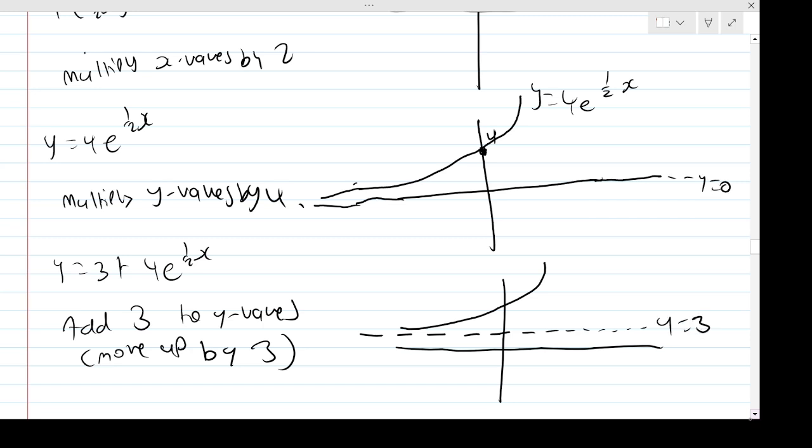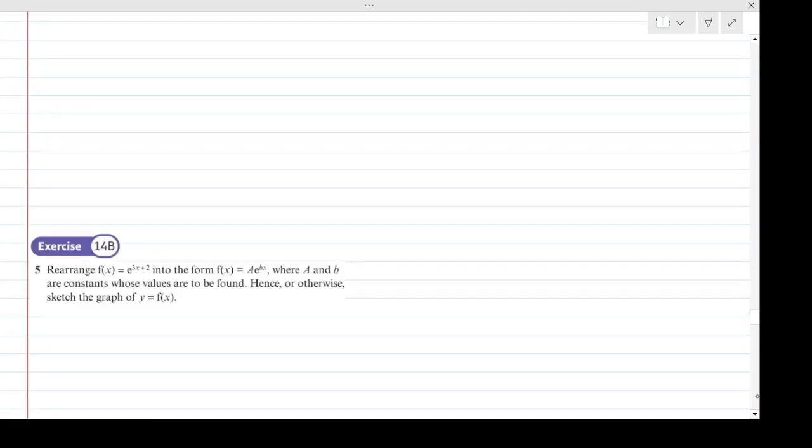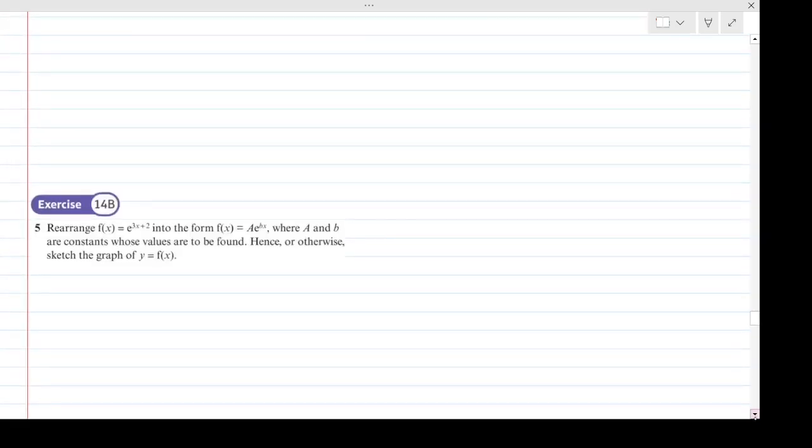So this will be y is 3 add 4e to the half x. And the y-intercept of 4 would also move up by 3, so then it'd be 7. And so yeah, that is the graph there. Okay, very tricky those are, I think, but there we are.